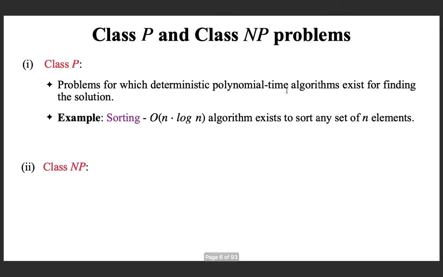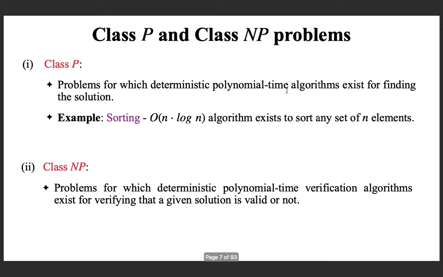Now, class NP. We discussed two different notions of NP. Here we will be using the notion where the existence of a deterministic polynomial time verification algorithm defines the class NP. So these are those problems for which deterministic polynomial time verification algorithms exist for checking that a given solution is a correct solution.